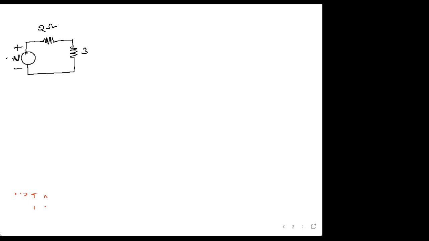So this is 3 ohms, right? So what is the value of current? What is V across 2 ohms? What is V across 3 ohms? What is the power taken by the 2 ohms resistor? Power taken by the 3 ohms resistor. So you people please answer these questions.